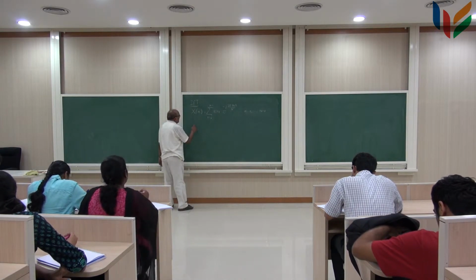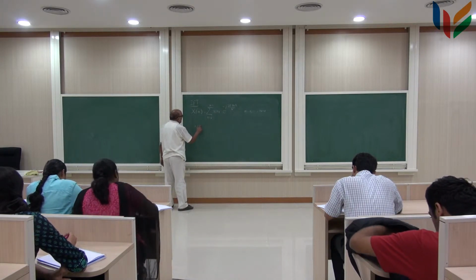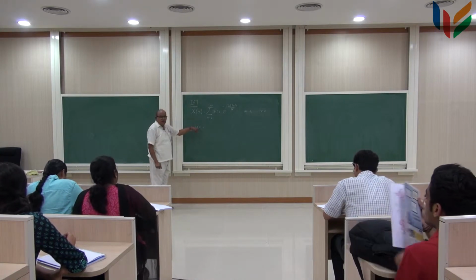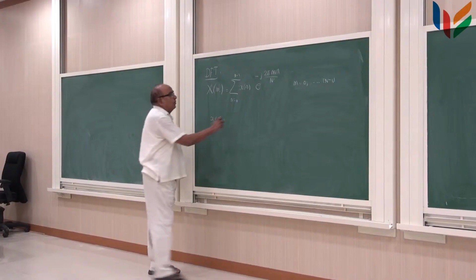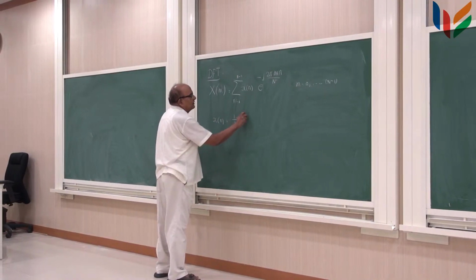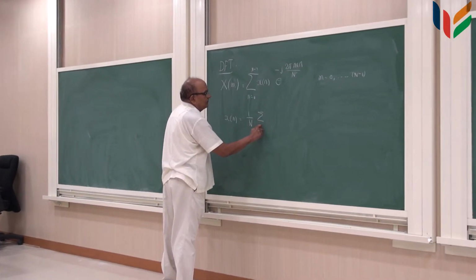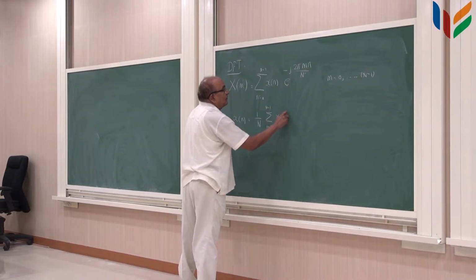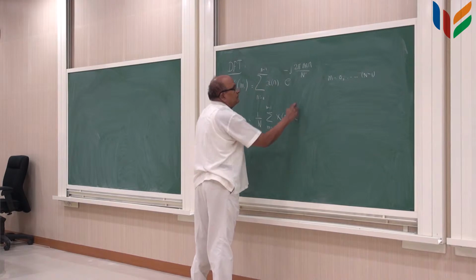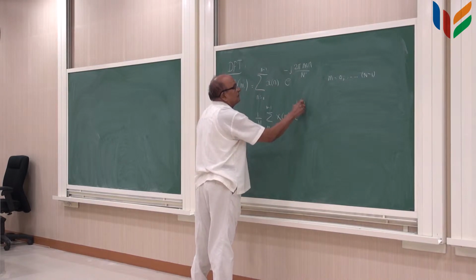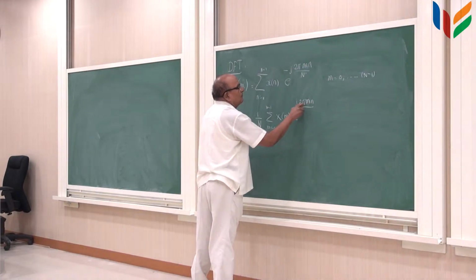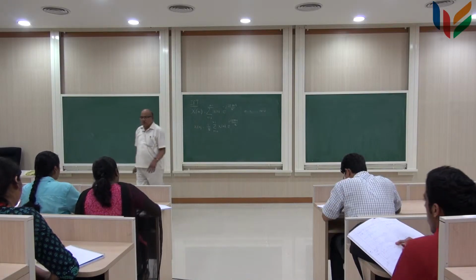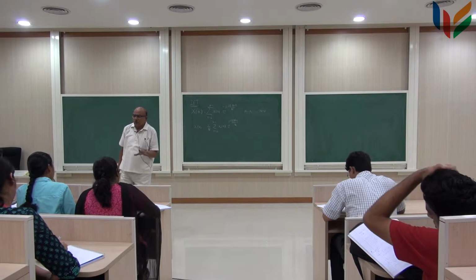In 102, we have defined the inverse transform as equal to 1 by N. But now we are a bit more intelligent than what we were at 102.